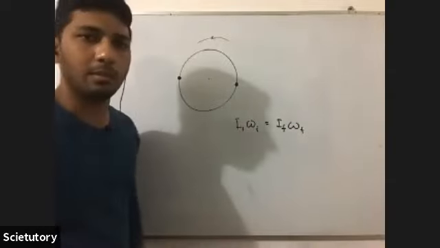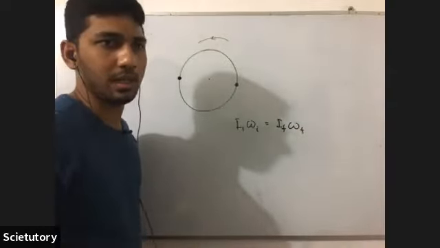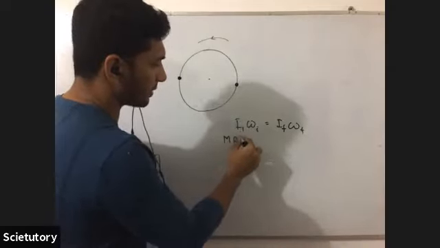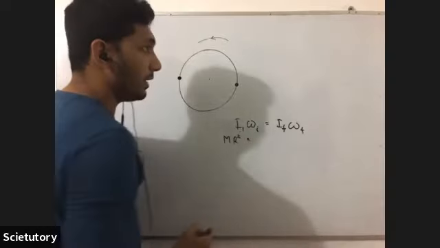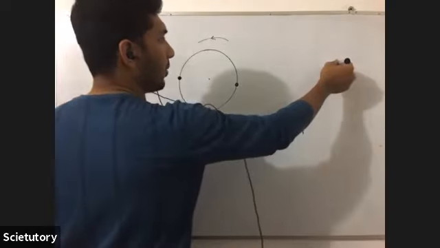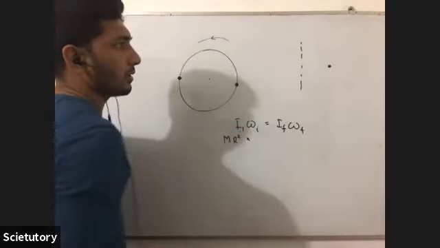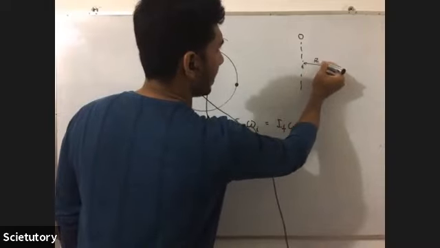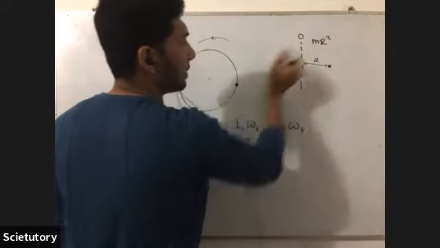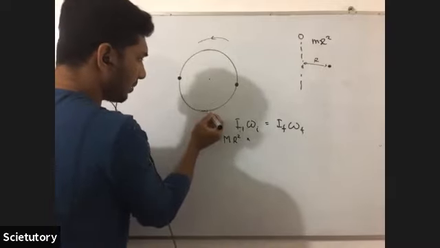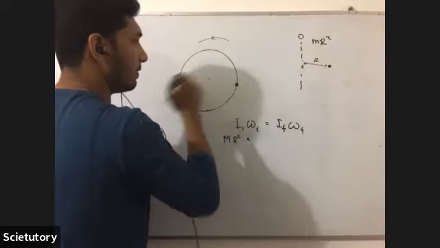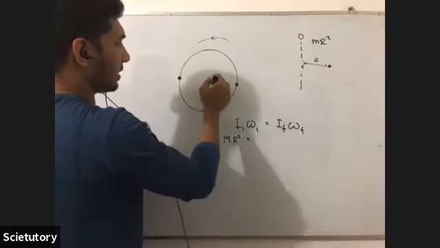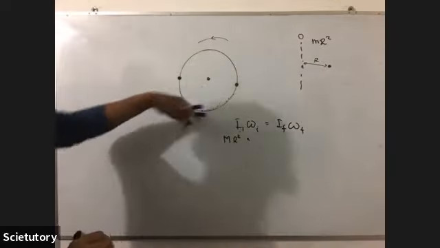What is the initial moment of inertia? For a ring, it's M R squared. We know the moment of inertia for a point mass in relation to an axis, for example O, at distance r, is m r squared. Like that, you have small point masses which finally culminate into a ring, so the same equation holds for the ring.